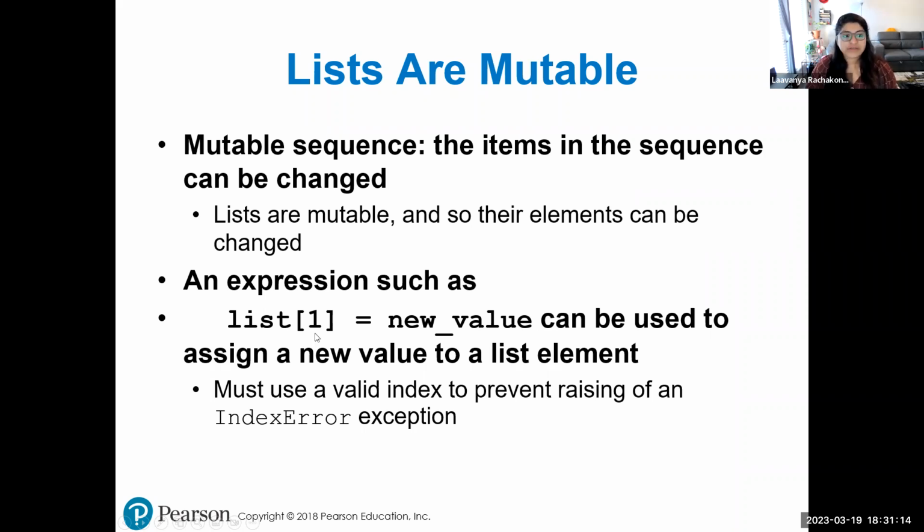We'll see more about how to add elements and how to change elements in your lists. But for now, if you want to update an existing value, you can use the variable assigned to your list, square brackets, the positional value or the index of that particular element, and then equals the new value.